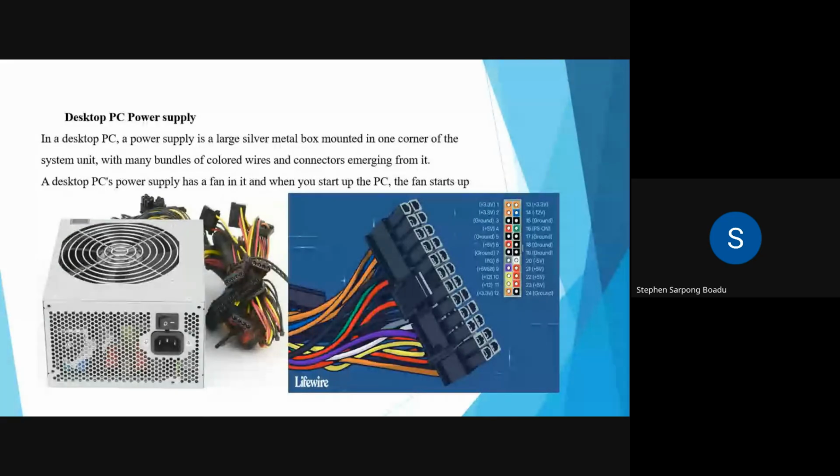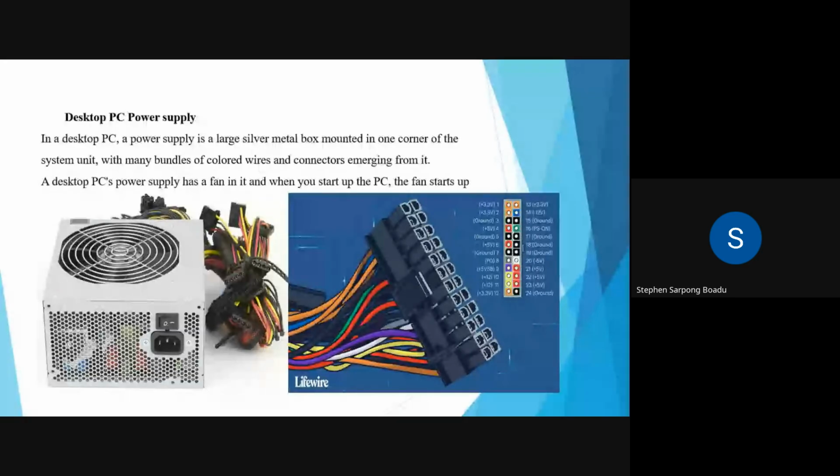The power supply has a fan in it that turns and cools the power supply so that it doesn't overheat. Once you start up your PC, you can hear that sound. That is from the power supply.